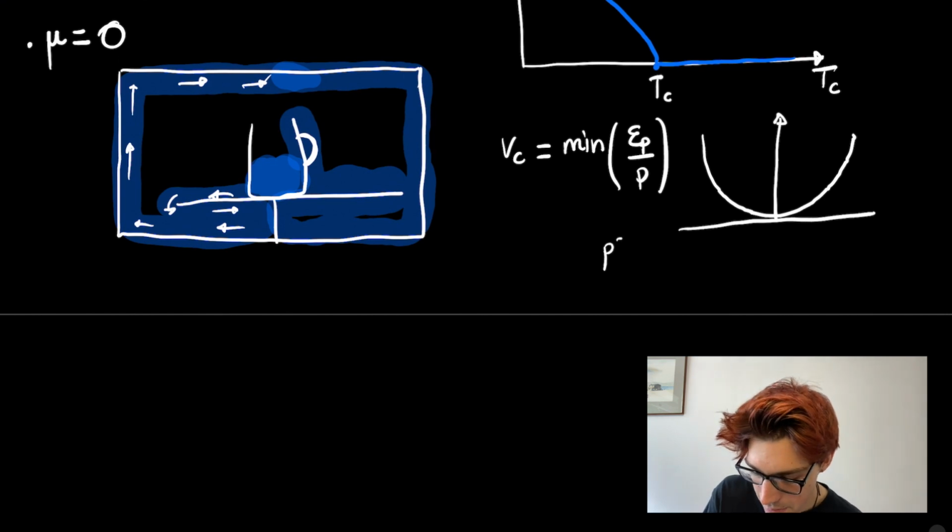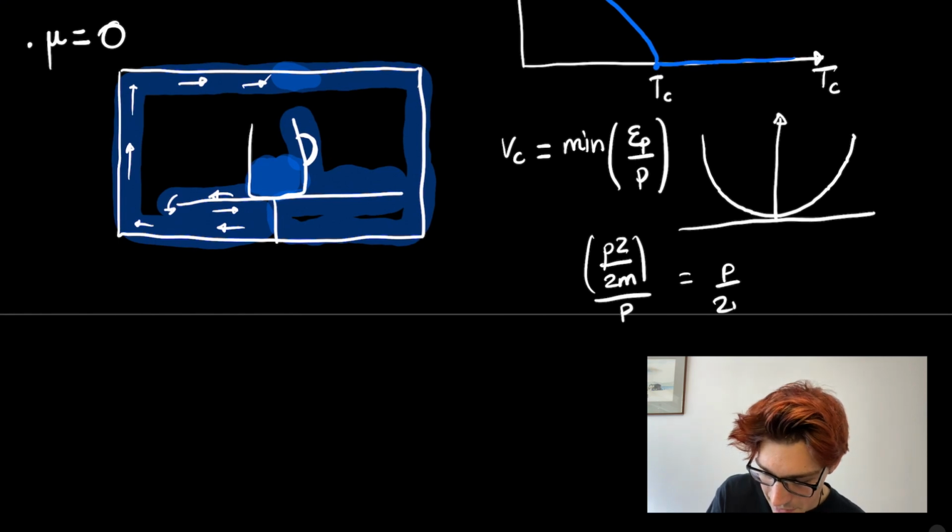So it's just going to be p squared over 2m, all divided by p, which is just p over 2m. And the minimum of that is still 0 right there. Since the critical velocity has to be non-zero to be satisfied, and in this case it's just 0, then with this dispersion relation you can't actually have a superfluid.